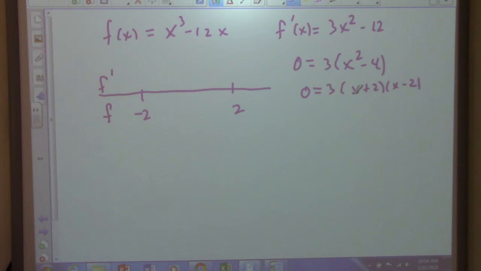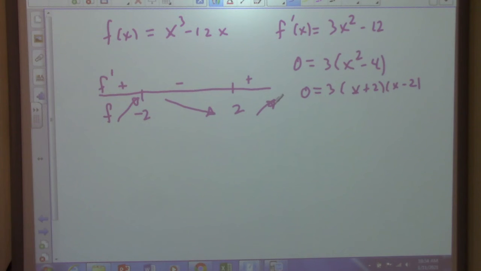And what you do is you take different values. To the left of here, you're going to have negative times negative, so you're going to have positive here. And then at 0, for instance, you'd have a negative times a positive, and then greater than 2, you'd have positive.